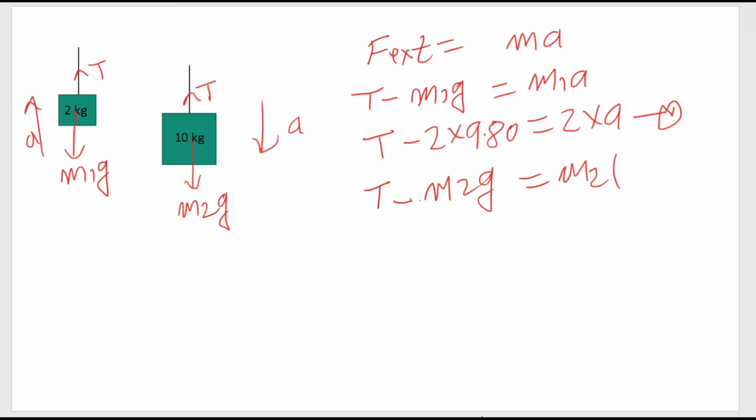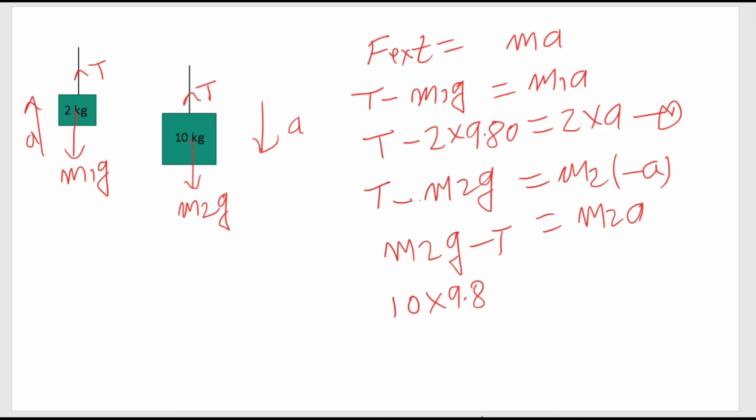So I can write this as m2g minus T equals m2a, taking the minus sign common and multiplying on both sides. Putting the value of m2, 10 into 9.8 minus T equals 10 into a.